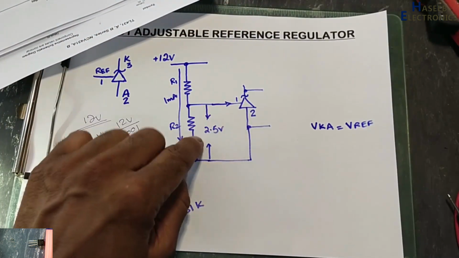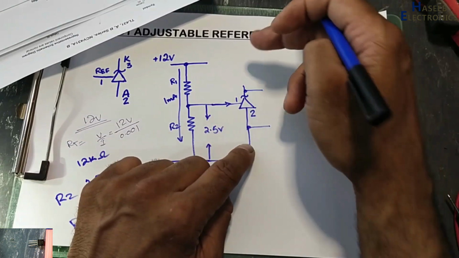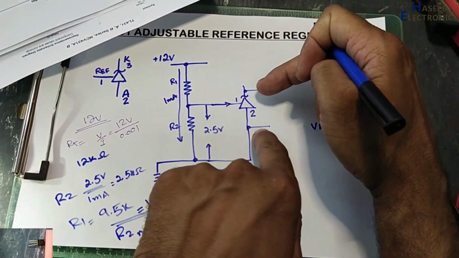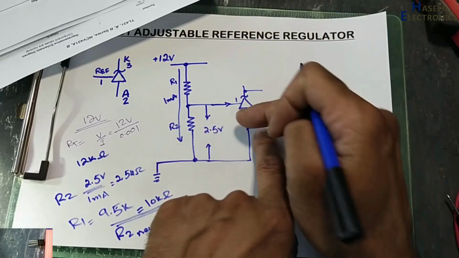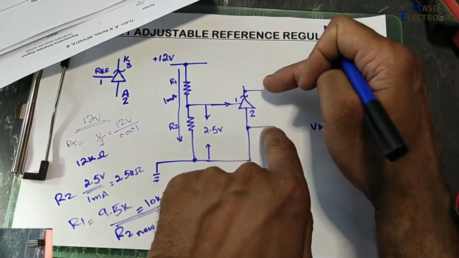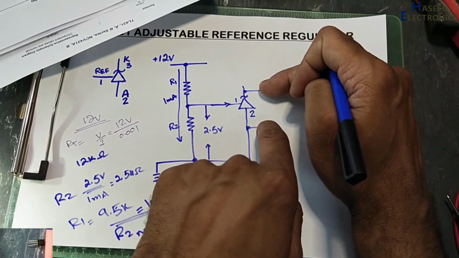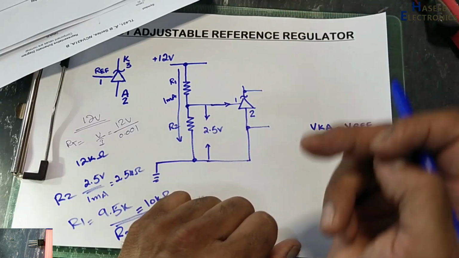When it is off, when this voltage is less than 2.5 volt, all the supply voltage will drop across this junction, these 2 points. But when 2.5 volt is present, it will hold just only 2.5 volt, and the remaining voltage will be transferred to the load.